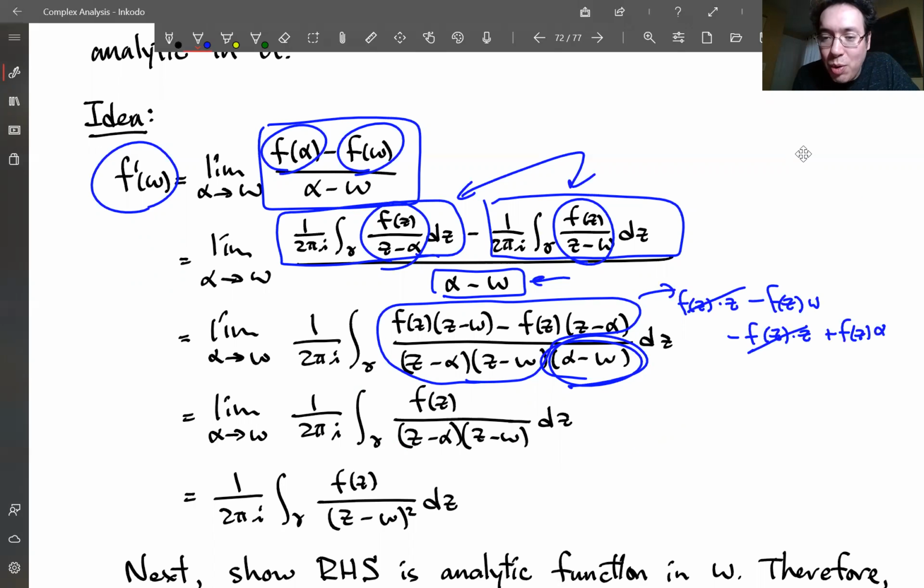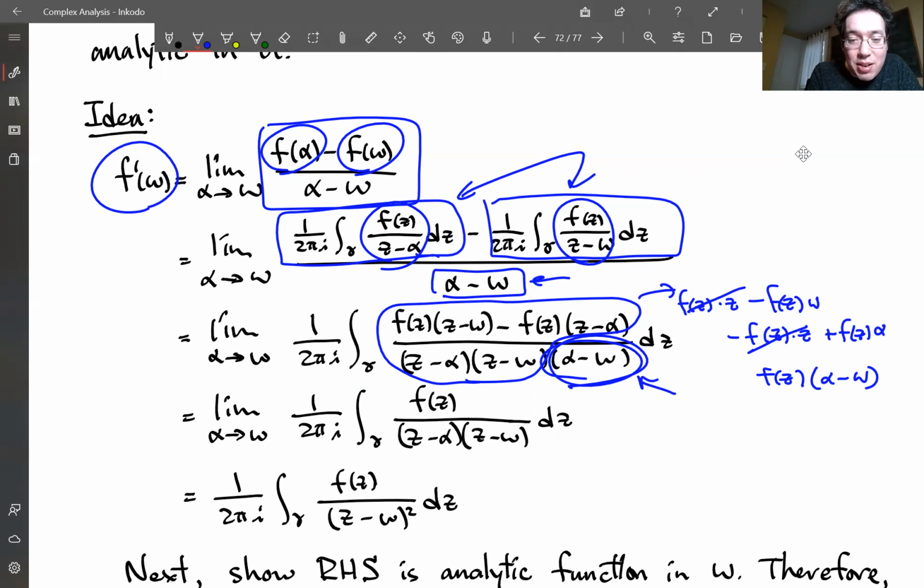Okay, so in the numerator, basically we have f of z times alpha minus w. But this is great because we have alpha minus w on the bottom. We can cancel out, right? So let's just do that.